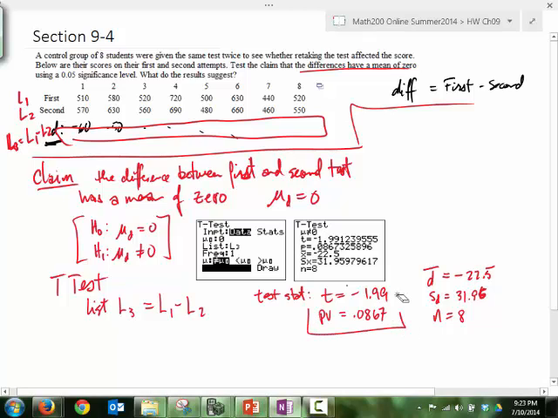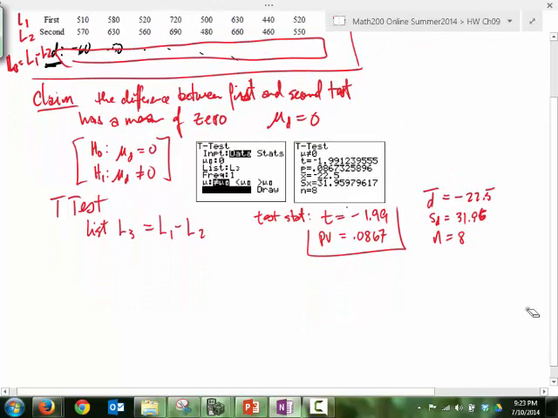So really what we're focused on is the test statistic and the p-value, and since we are not bothering with a table, I don't want to have to find critical values, so I'm going to focus on the p-value. The p-value is what compared to alpha? This looks like it's greater than alpha, right?